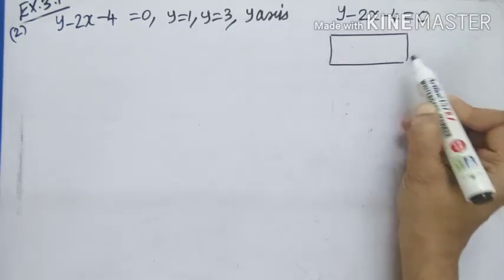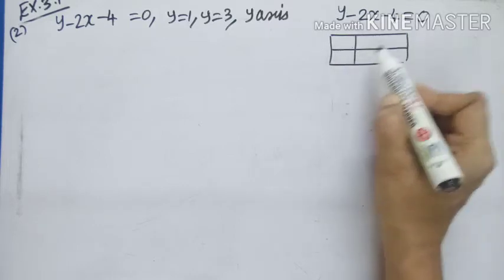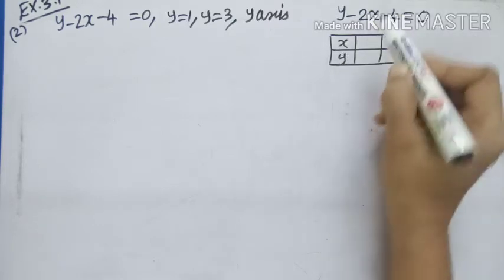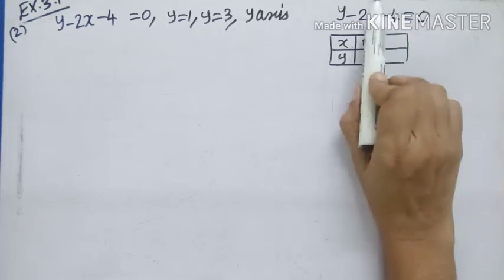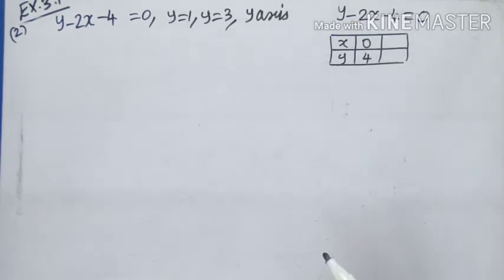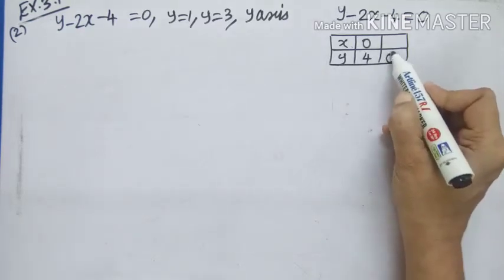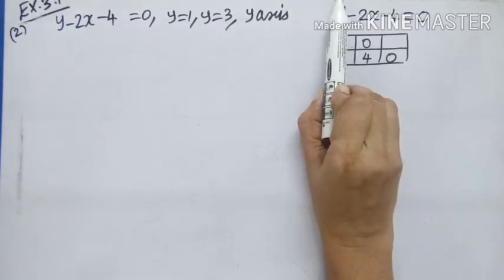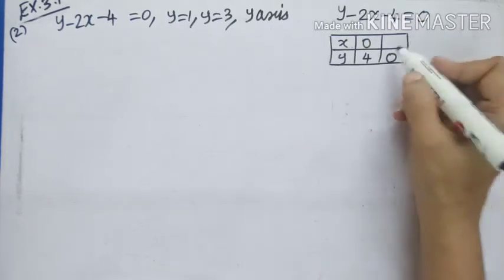Put x and y as 0. Putting x as 0, I get y minus 4 equals 0, so y equals 4. Putting y as 0, minus 2x equals 4, so x is equal to minus 2.